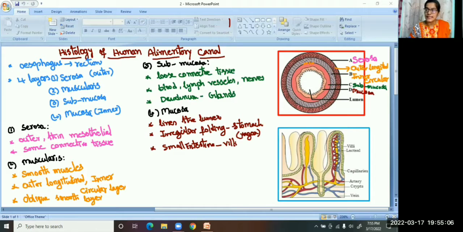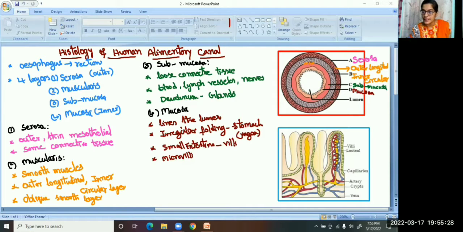The cells of the villi have microscopic projections, which are known as microvilli. Due to the presence of this microvilli, the surface area is increased.